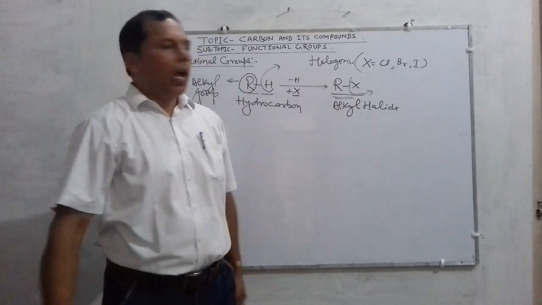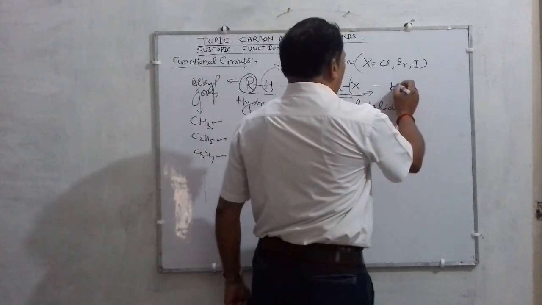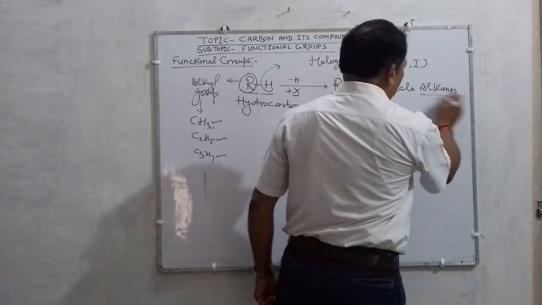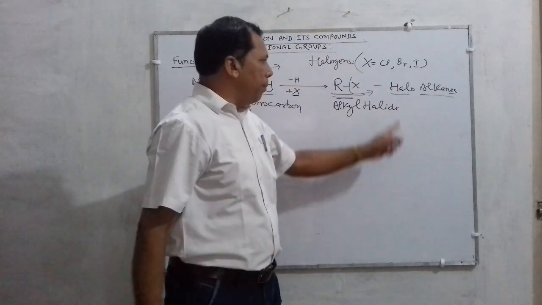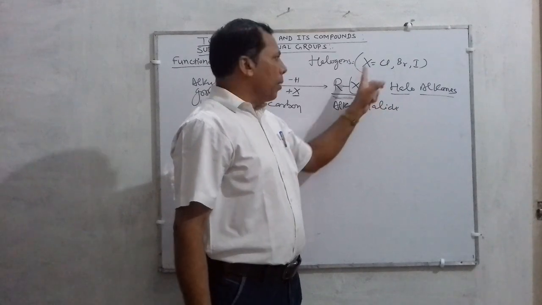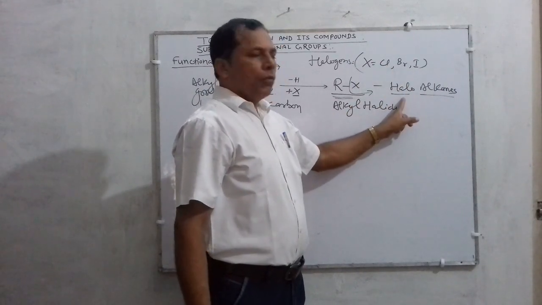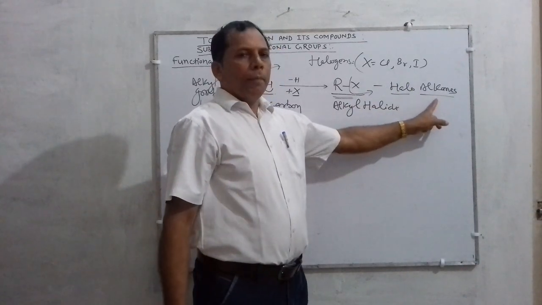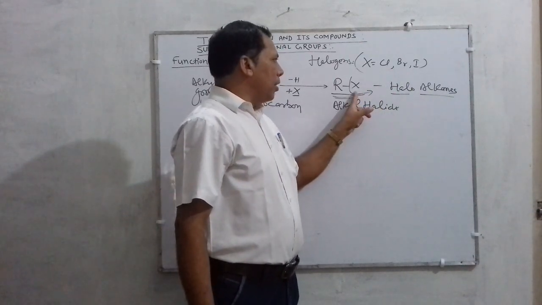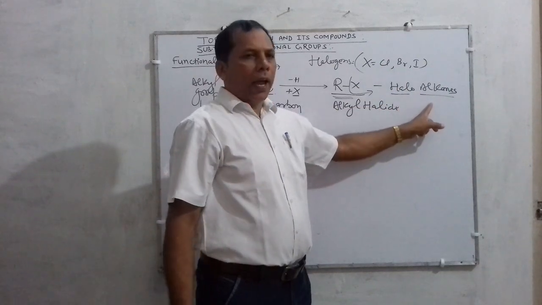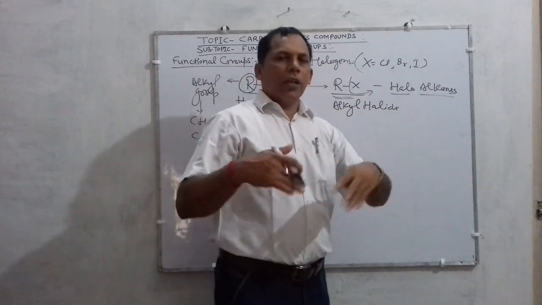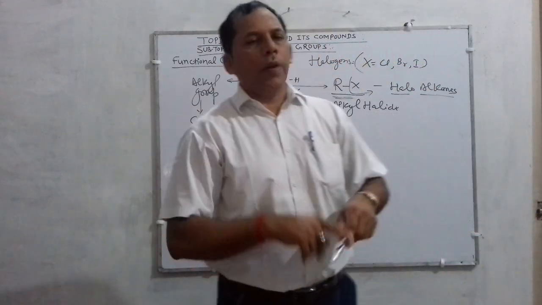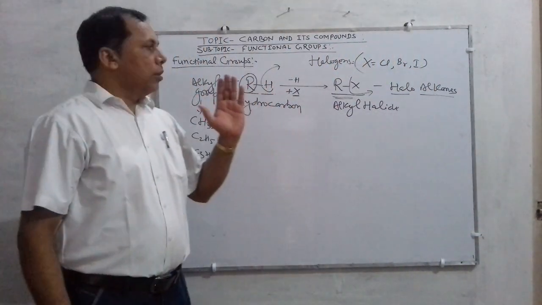Alkyl halides are also called haloalkanes, where halo stands for, if in place of X you put Cl, it becomes chloroalkane, putting Br becomes bromoalkane, putting I becomes iodoalkane, and alkane is a common term that may be methane, ethane, propane, and so on.